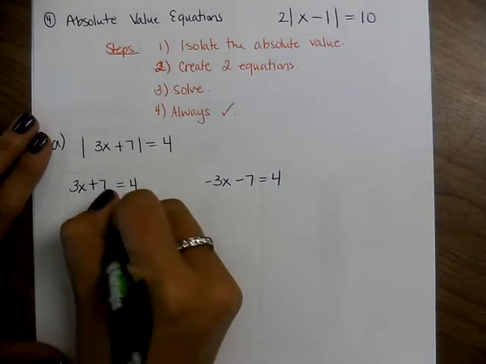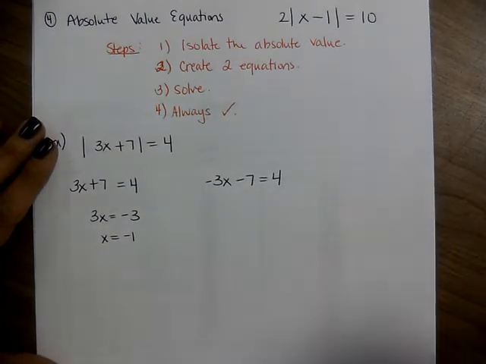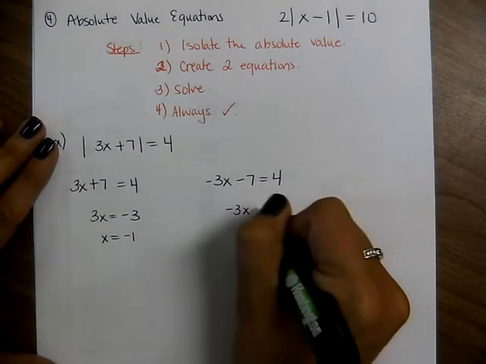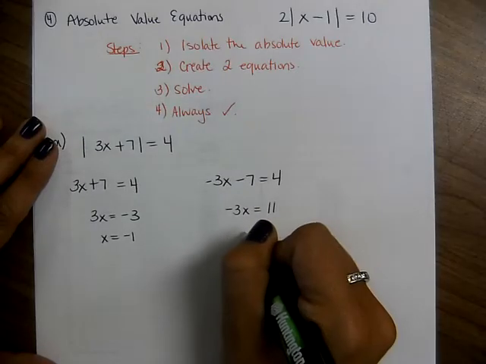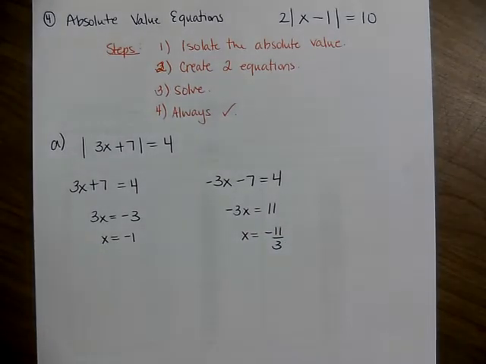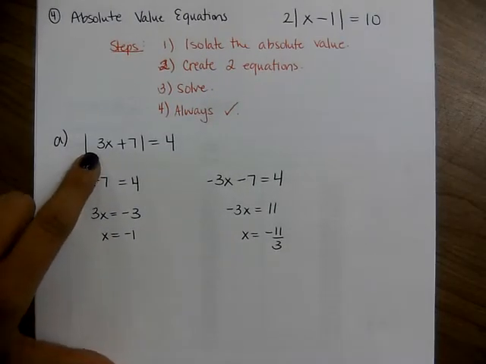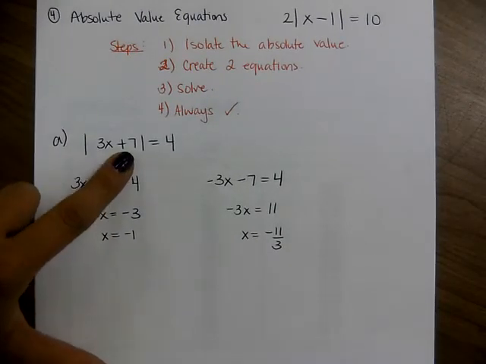So I get 3x equals negative 3, so x equals negative 1. Over here I get negative 3x equals 11, divide by negative 3, and I get x equals negative 11 thirds. Now, with the absolute value, you always have to check your solutions. I don't care if you just plug it in and check in your head. If I plug in negative 1 here, I get negative 3 plus 7, which is 4.